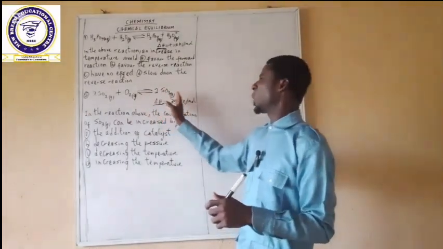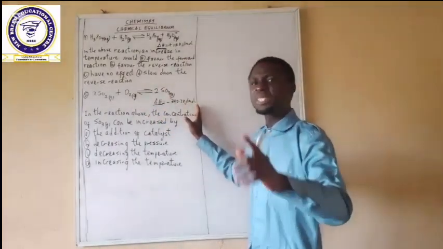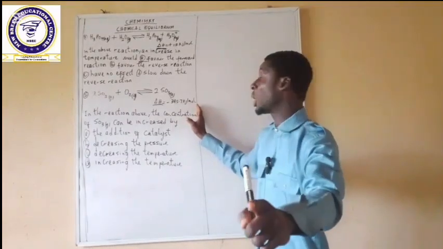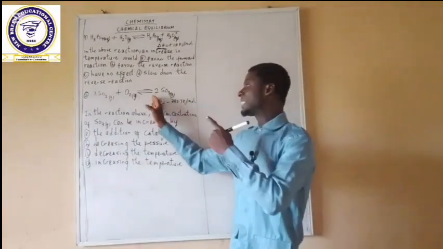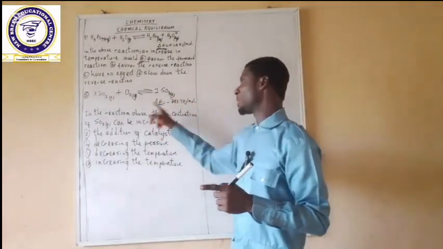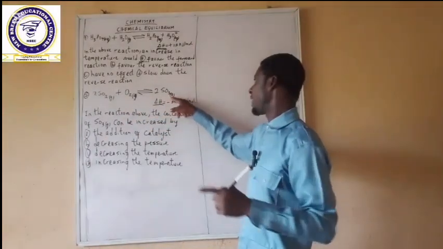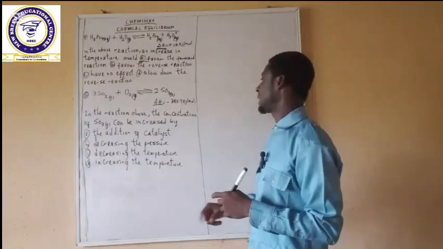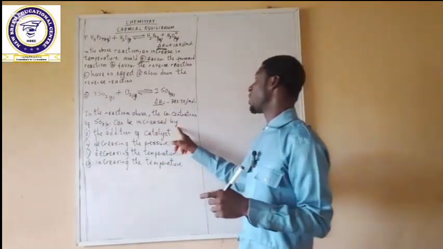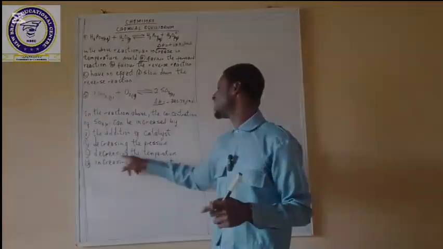Since the forward reaction is exothermic, it is decrease in temperature that will affect this exothermic side, the forward reaction, which is the reaction leading to production of SO3. That means that the production of SO3 can be increased when you decrease the temperature.